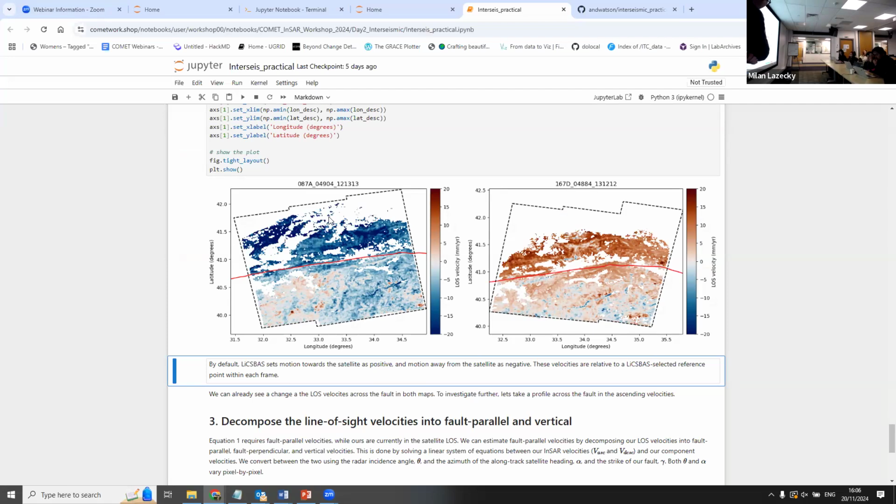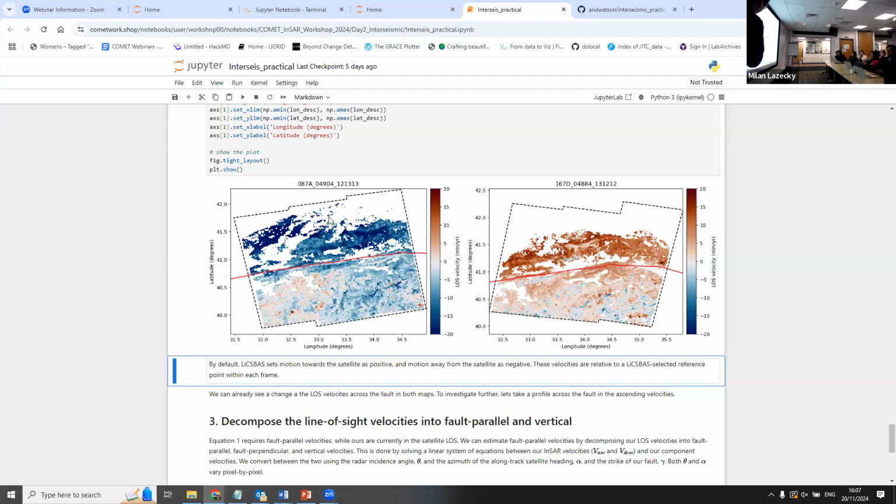Does anybody know what these colors mean? Normally, the red means towards the satellite, and blue means motion away from the satellite. So if you already know the line-of-sight direction of the satellite, you can use this to understand the nature of the strike-slip fault.